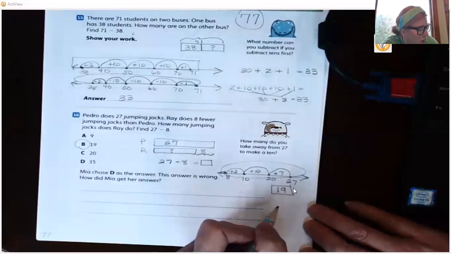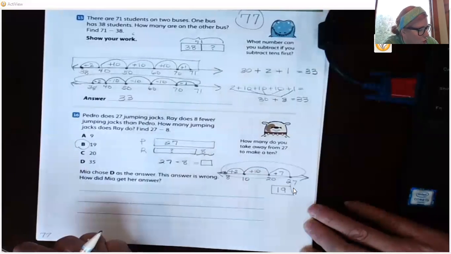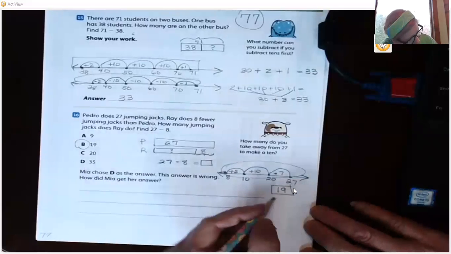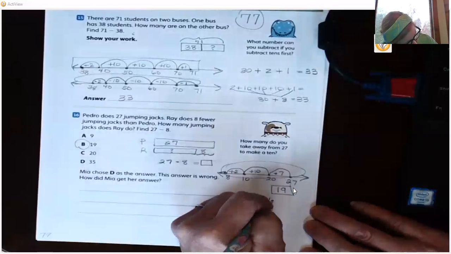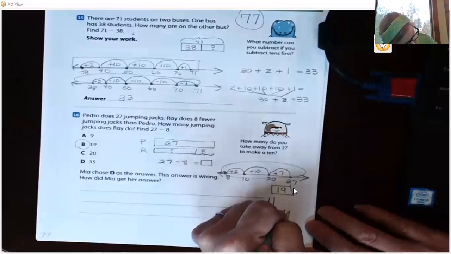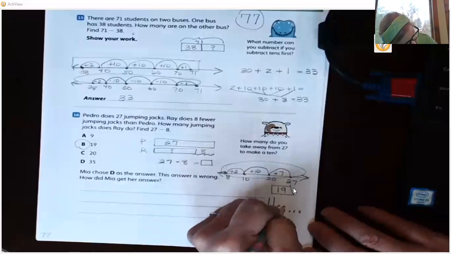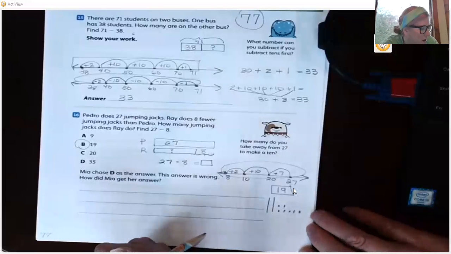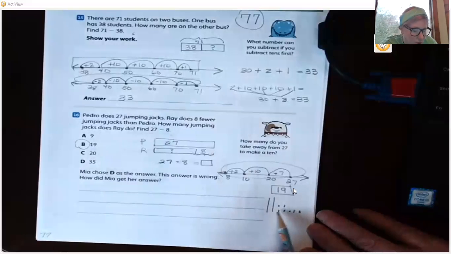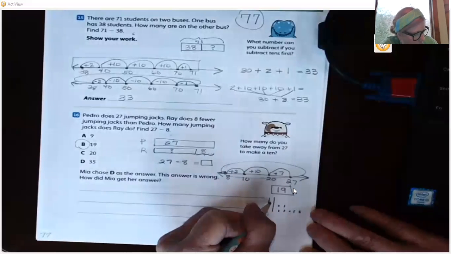We can do another way too. I'm going to, right over here on the side, let's do tens blocks. We had 27: 1, 2, 7 ones. 1, 2, 3, 4, 5, 6, 7. Right there. We're taking away 8. We don't have enough ones, so we're going to take one of the tens.